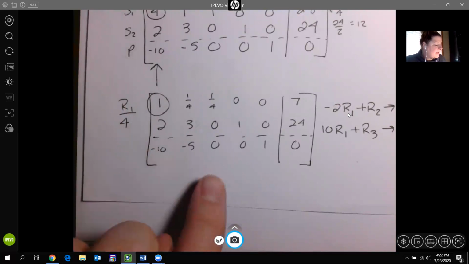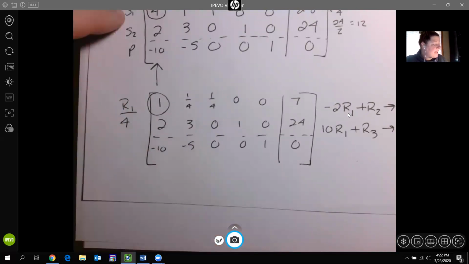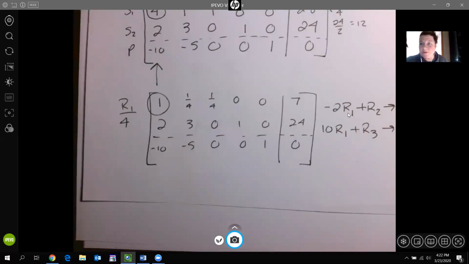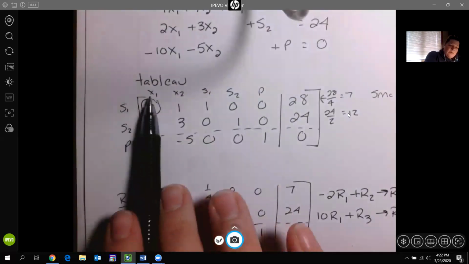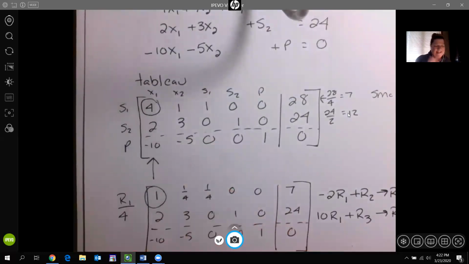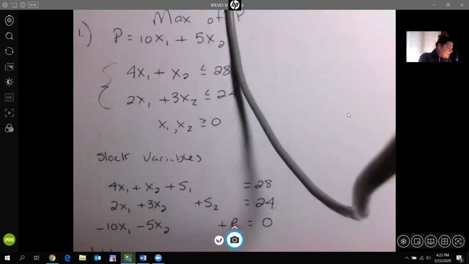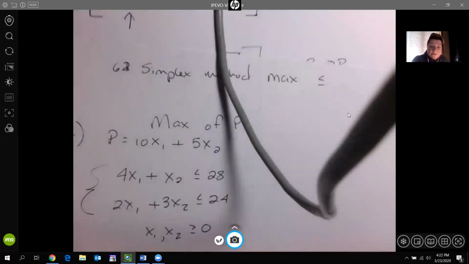And the first S1 becomes non-basic. So our entering variable is X1, our exiting is S1. Okay, so exiting, entering for each pivot. It might ask you some of those, so I wanted to make sure I showed that. All right, that's our traditional simplex.